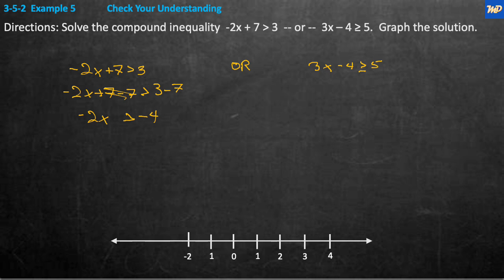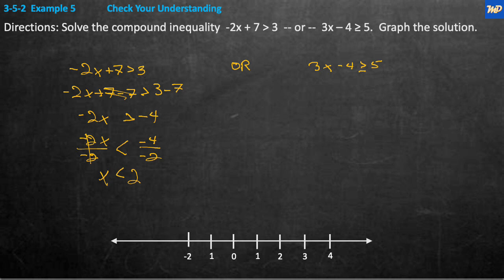So nothing's changed; the inequality does not change, but we're getting ready to divide by a negative 2. If we divide by negative 2, we get negative 2x divided by negative 2 is less than negative 4 divided by negative 2. Now, simplifying this, we get x is less than 2, since the two negative signs cancel each other.